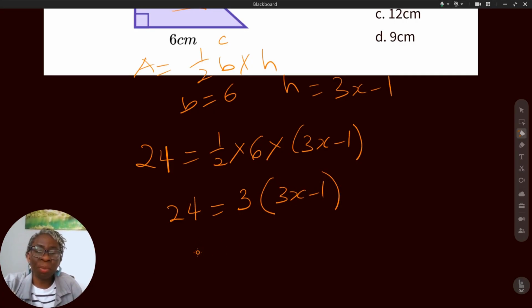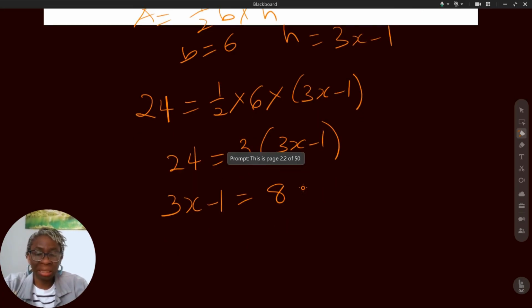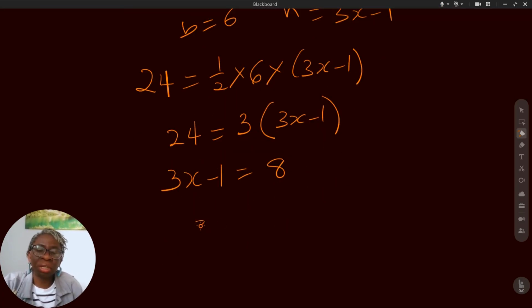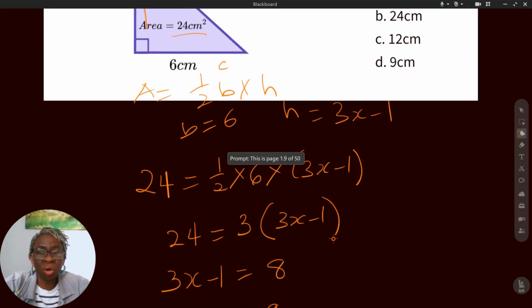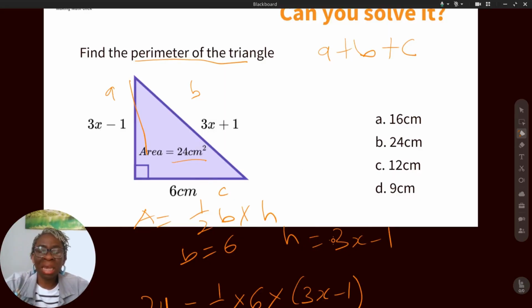So when we divide both sides by 3, we have 3x minus 1 to be equal to 8. So this gives 3x to be equal to 9 and x will be equal to 3. Now that we found the value of x, then we can calculate the perimeter.